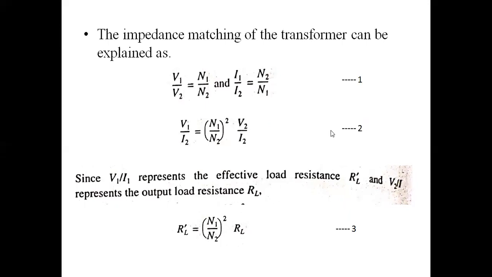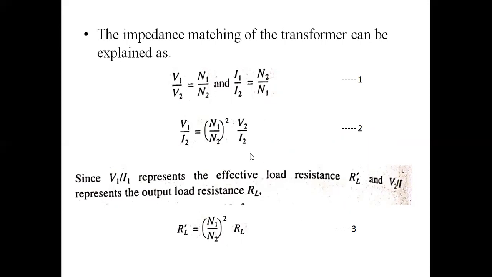Call this equation number 2. Since V1 by I1 represents the effective load resistance R dash L, and V2 by I2 represents the output load resistance RL. Call this equation number 3.